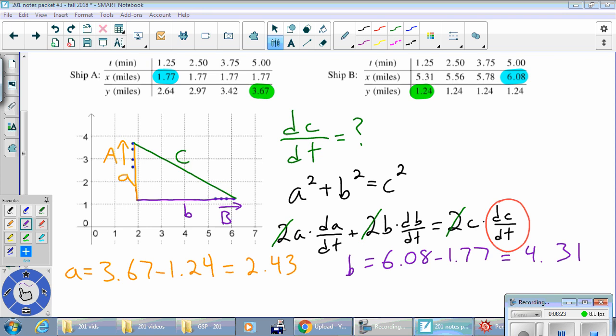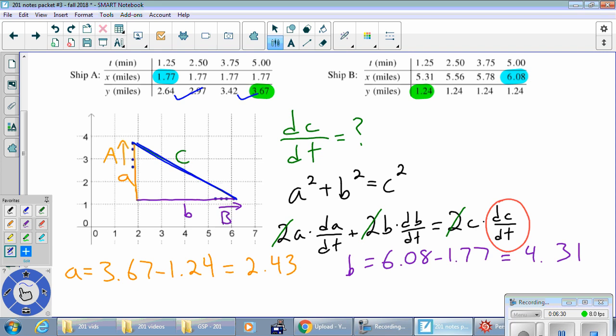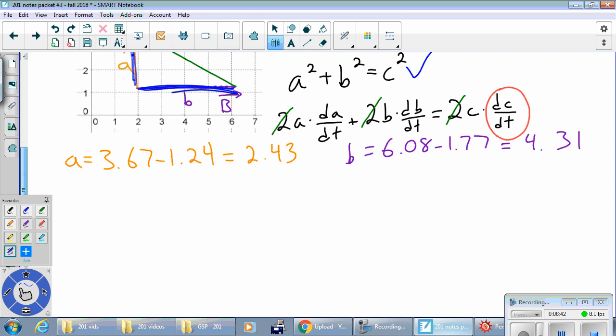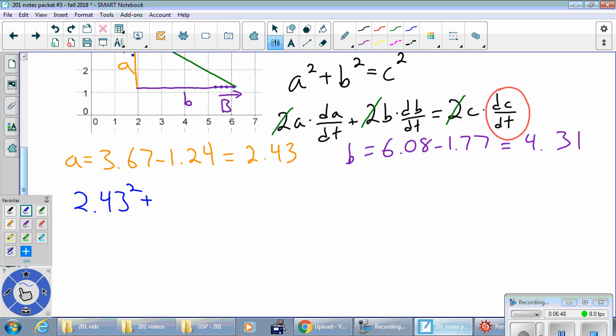Okay, and then how are we going to calculate the value of C at this fixed moment in time? Well, this one I can't just do a simple subtraction like I was doing up here, but I do know the particular value of A at that moment is 2.43, and I know the value of B, and I do have my Pythagorean equation. So that's what we're going to do. 2.43 squared plus 4.31 squared equals C squared.